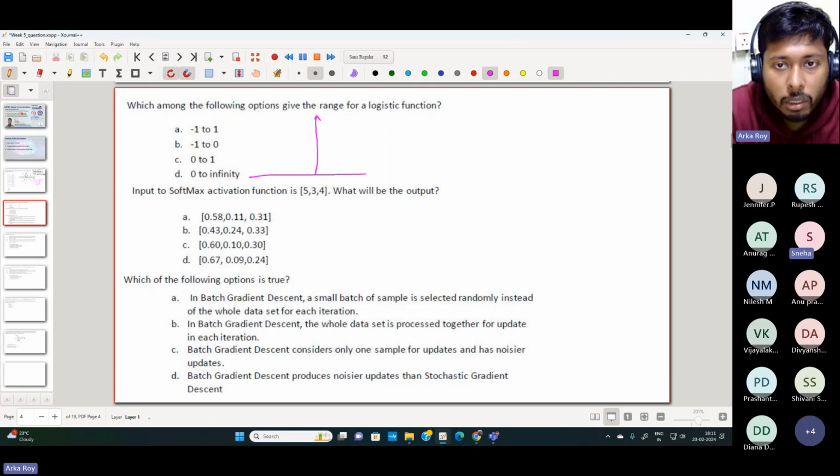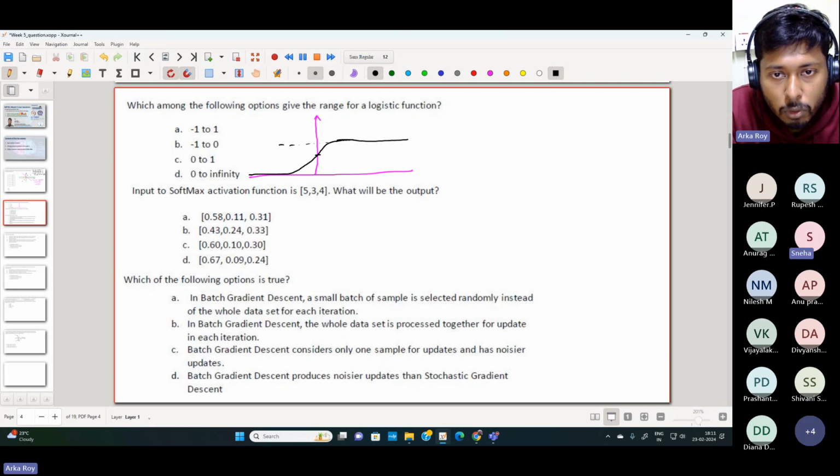Sigmoid. So sigmoid looks like this. It could be more smooth. So this is 1 and this is 0, and let us consider this is x and this is sigma of x.